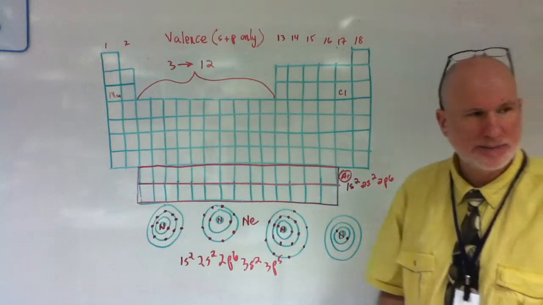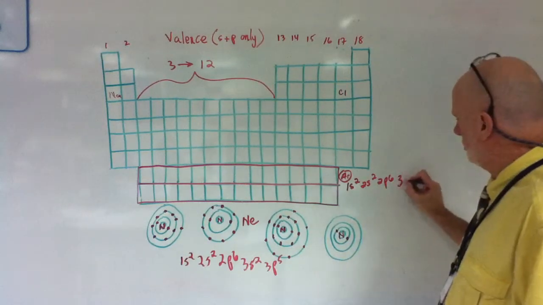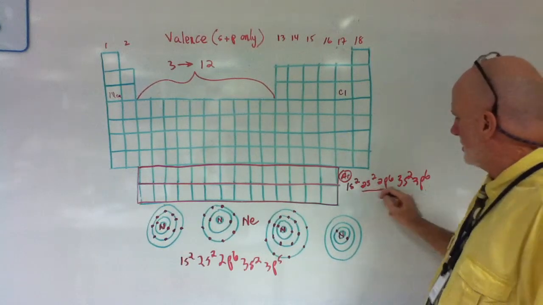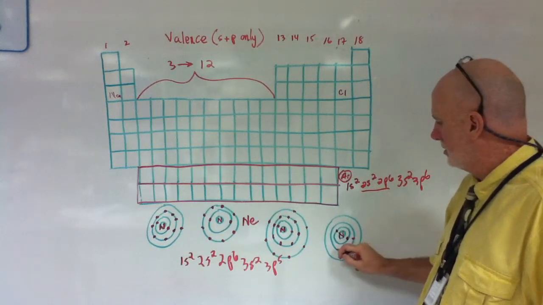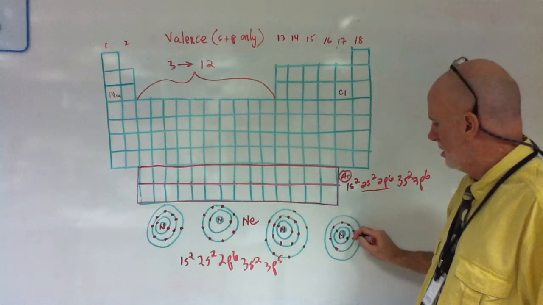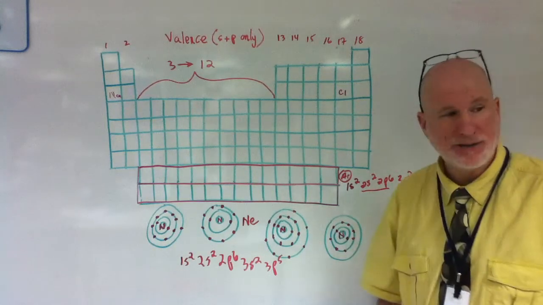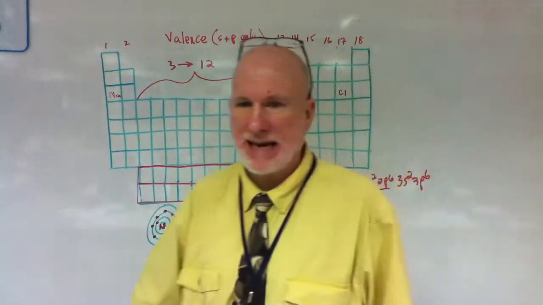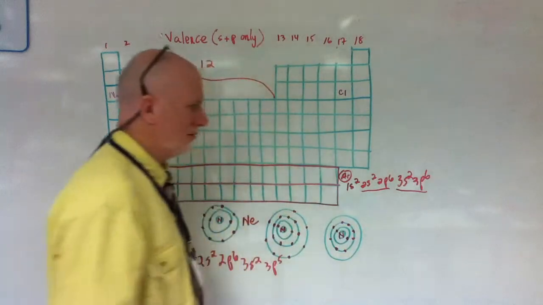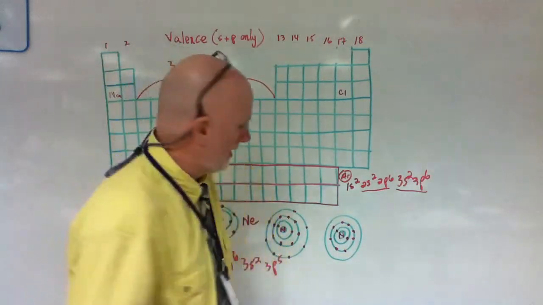What's next? 3s2, 3p6. So in the second shell, it has 8, right? In the third shell, it has how many? 8. Yes, 8. It does have 8, right?